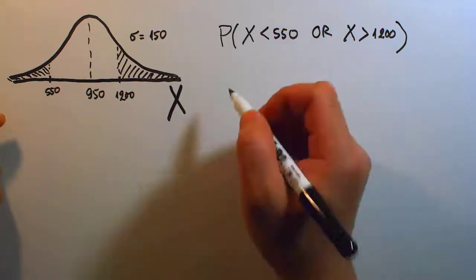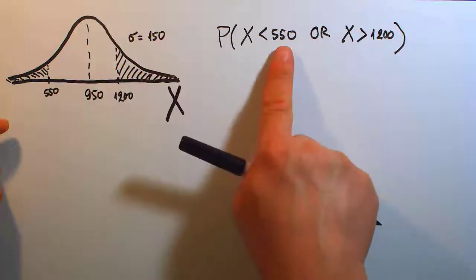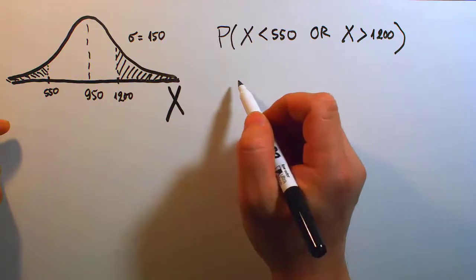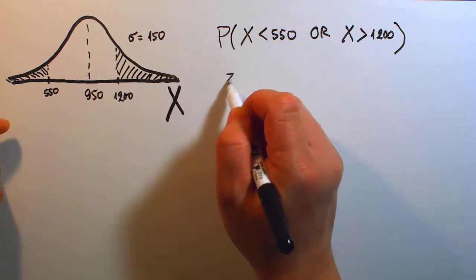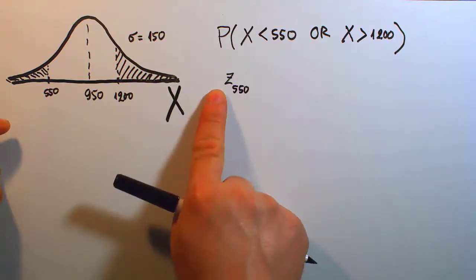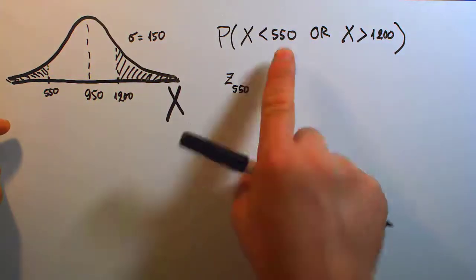And now we are going to find the z-score. This x value 550, we are now going to find its corresponding z-score. So I am using that subscript 550, indicating that the z-score we're about to find is specifically for 550.